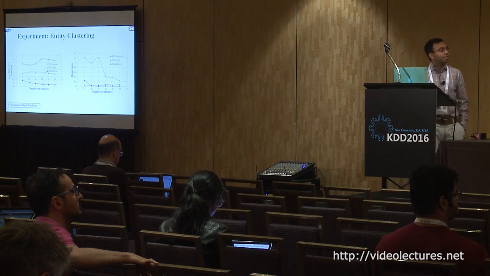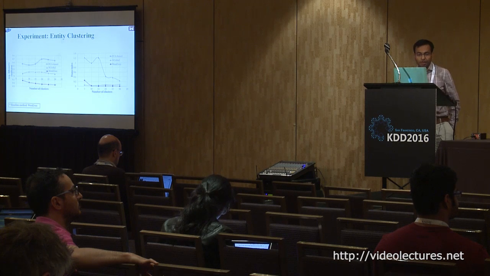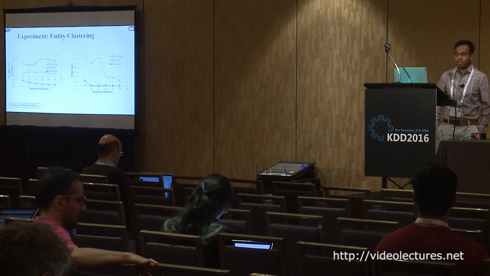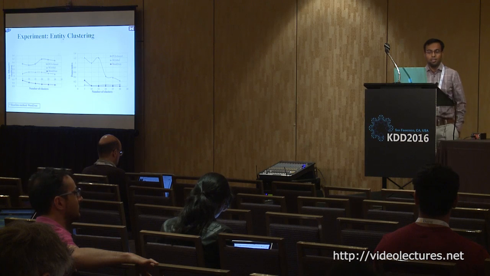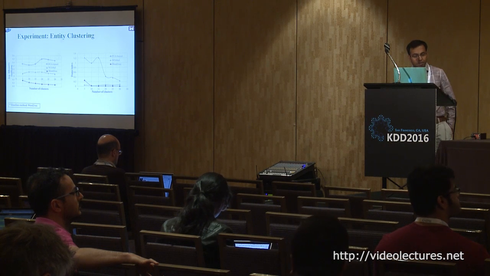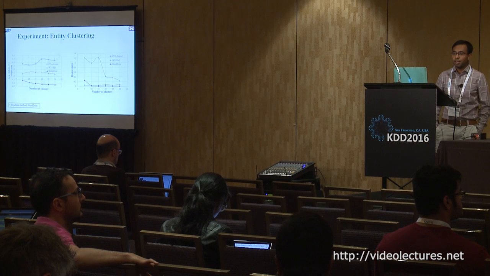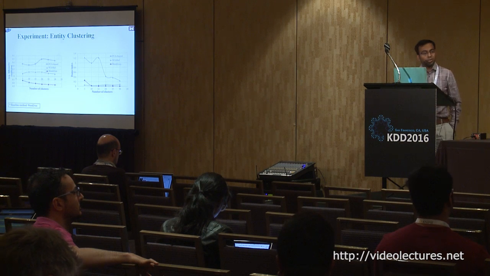Now let us see how good our approaches are. We have two approaches, one is PCA based, another is neural network based. PCA based is in blue, neural network based in orange, and the baseline method, orthobag, is in red. At first we tried to evaluate using clustering.